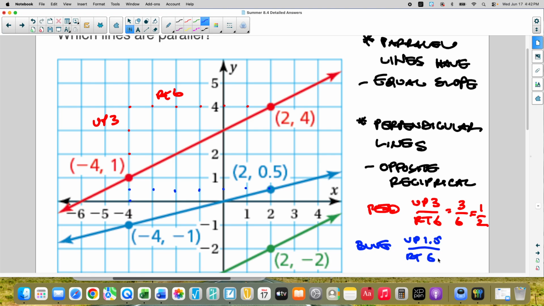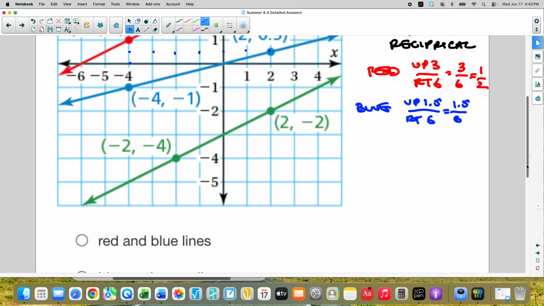And so 1.5 over 6 simplifies to, that's 15 over 60, which is 1/4. I think that's 1/4. Yep. And now let's do the green line. So those two lines are not parallel, nor are they perpendicular. But let's do the green line.